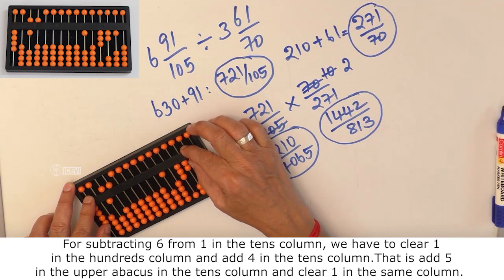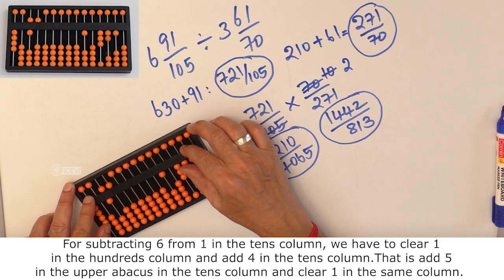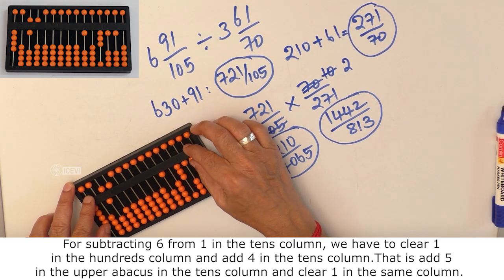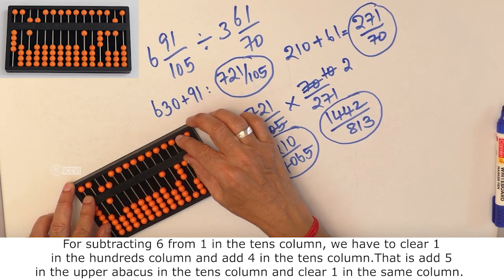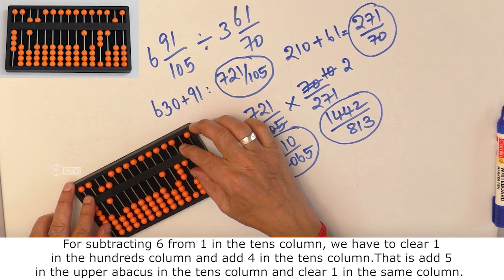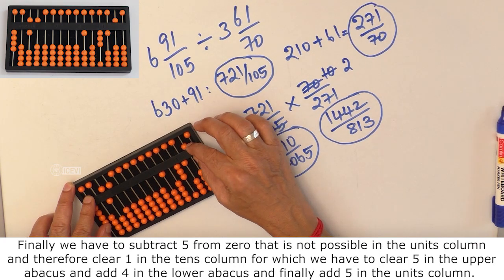For subtracting 6 from 1 in the tens column, we have to clear 1 in the hundreds column and add 4 in the tens column. That is, add 5 in the upper abacus in the tens column and clear 1 in the same column. Finally, we have to subtract 5 from 0.